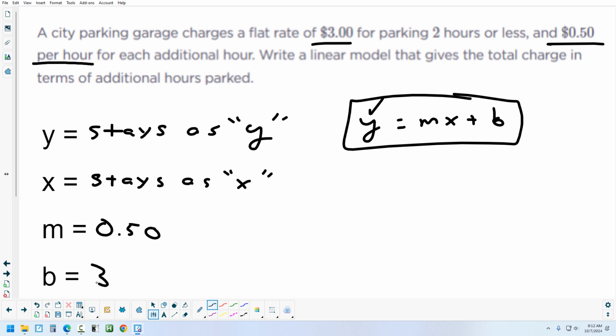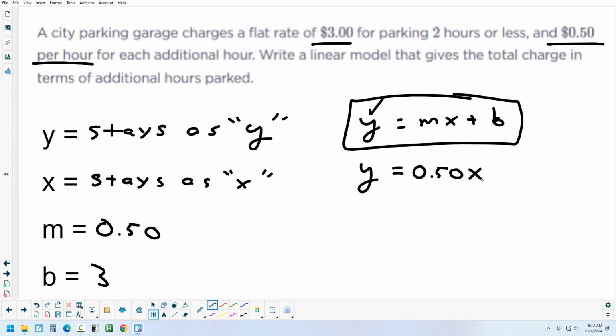Right. So now we just have to fill in everything we have here for the letters there. So y stays as y. I didn't write this down, but the equal sign stays as the equal sign. For m, we're going to plug in 50 cents. That's my m. For the x, that's going to stay as the x.